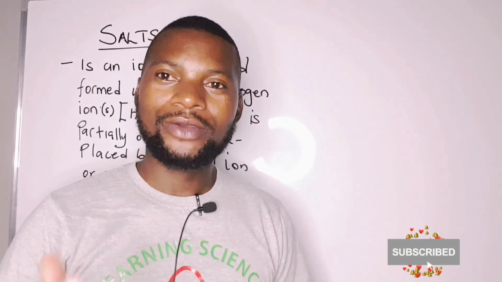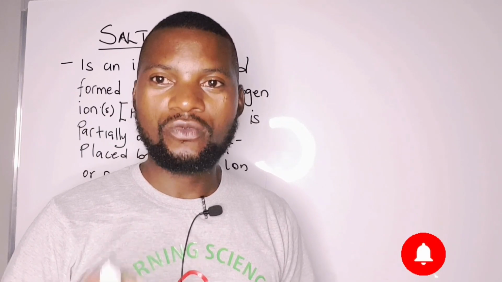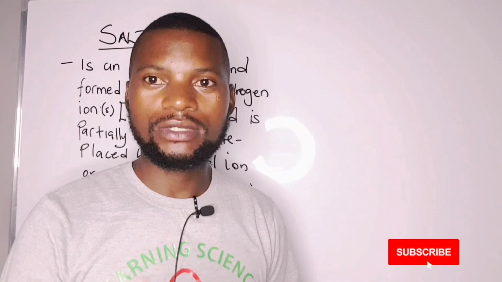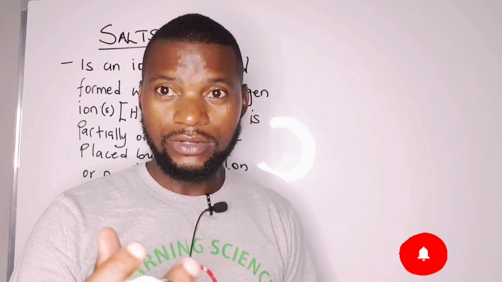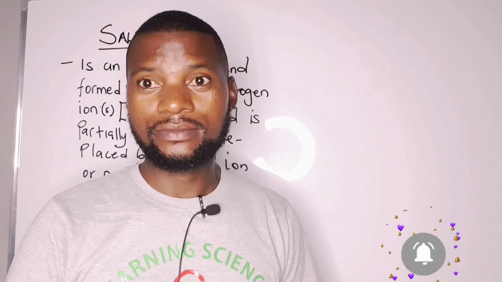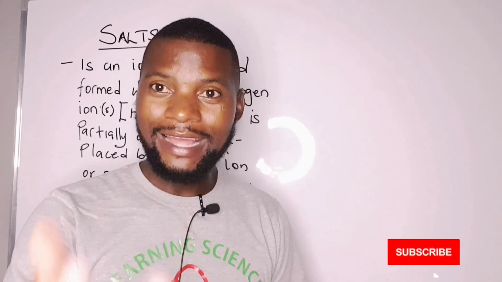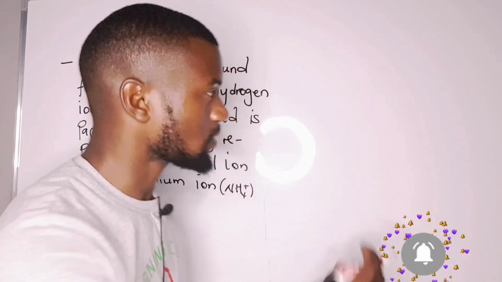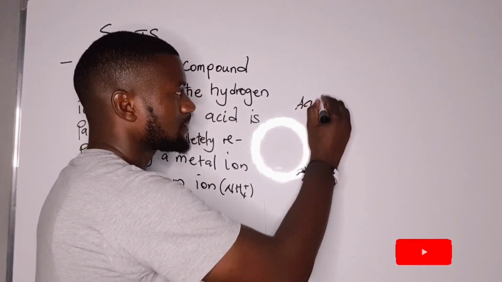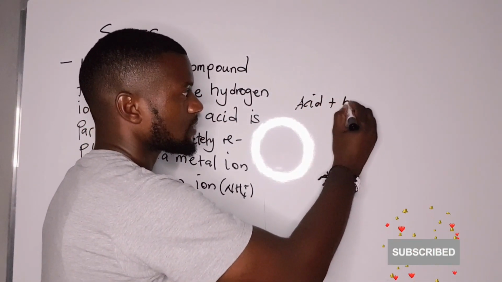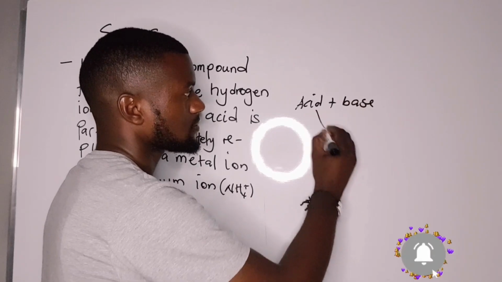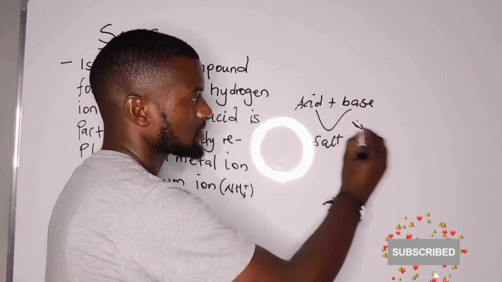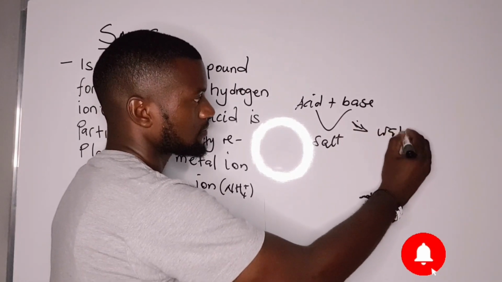Okay, so we are going to start by looking at what a salt is. We want to describe a salt. A salt, in simple terms, is formed when an acid reacts with a base. When an acid reacts with a base, you are going to have salt, as well as water produced.